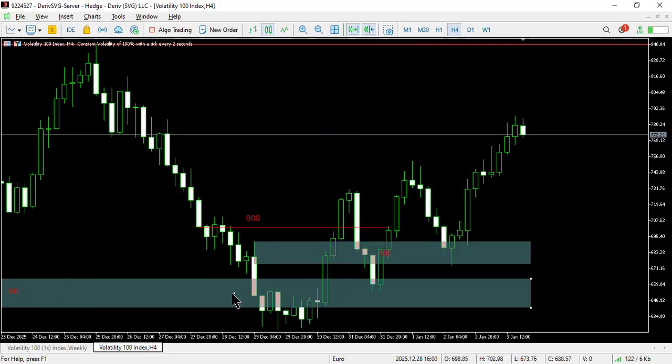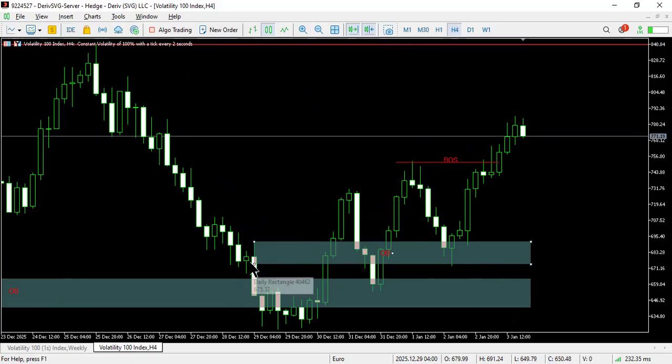Now, if we are to adjust the recent order block, it's going to be the recent break of structure. The recent break of structure is up there. Is this already played out? So there is no need for this.